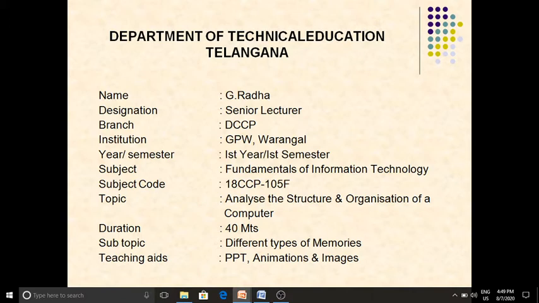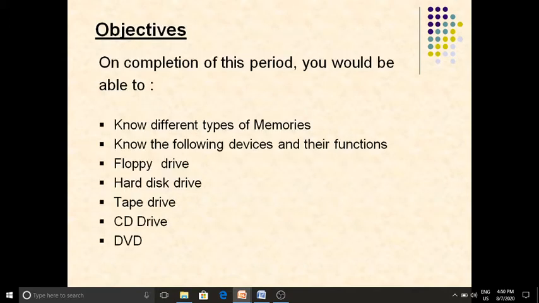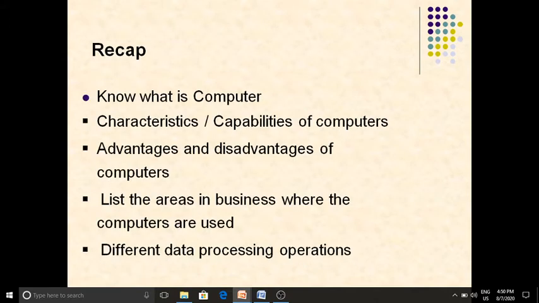Now, in today's class, we will be discussing the topic different types of memories. What are the different types of memories in a computer system? In the previous class, the topics we discussed were what is a computer, what are the capabilities of computers, what are the advantages and disadvantages of computers, areas in business where computers are used, and different data processing operations.